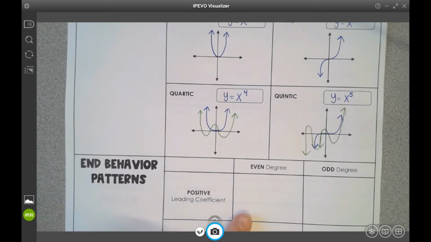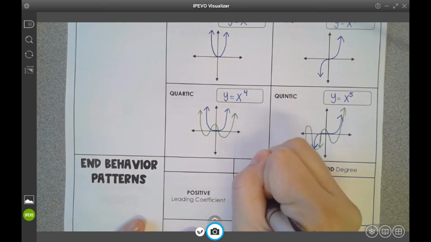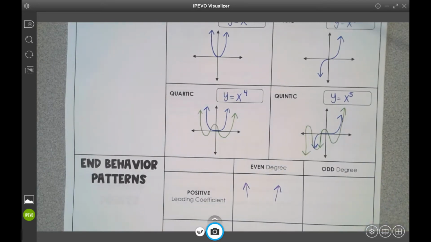We're going to type in something that's a positive leading coefficient and an even degree, like 2x squared. That's a positive number out front, and the exponent is an even number. And then you graph that. Both sides point up. The left side points up, the right side points up. So if it's a positive leading coefficient and an even degree, both sides point up.